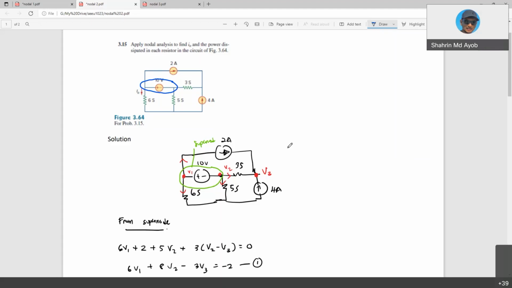The second question is on the method of analysis. We have 2 methods, nodal and mesh, but for this test, only nodal analysis will be tested.